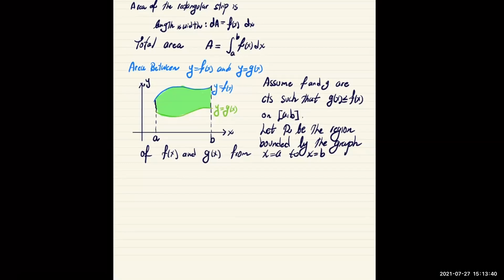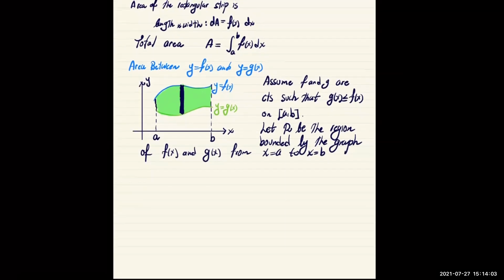You're going to do the same thing. Take a rectangular strip. So let me just take it like that. Again, we are kind of exaggerating the width of the strip. The width is extremely tiny.